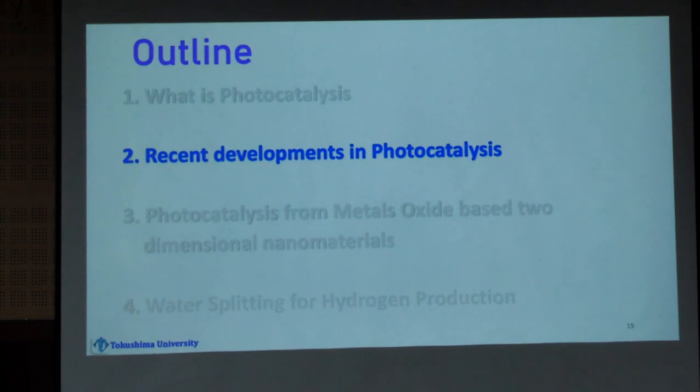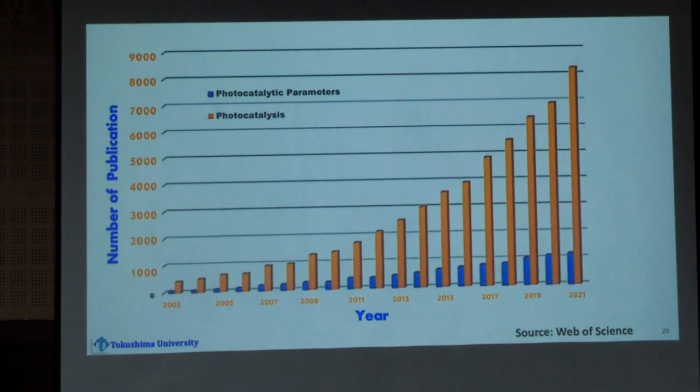Now I will move to the recent development. What kind of nanomaterial is used for photocatalysis? There are various research papers on photocatalysis. This research on photocatalysis initially started in 2000, around 2003.